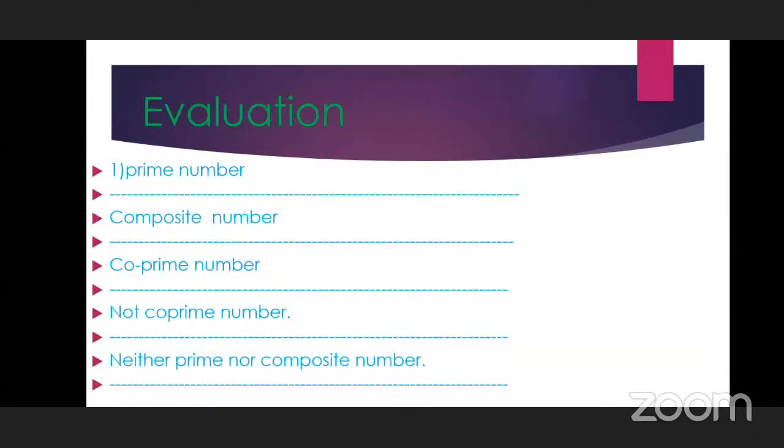See students, now the evaluation. Here we have to cover all the topics we have learned. First of all, prime numbers. Tell me about prime numbers. What is a prime number? A prime number has only two factors.